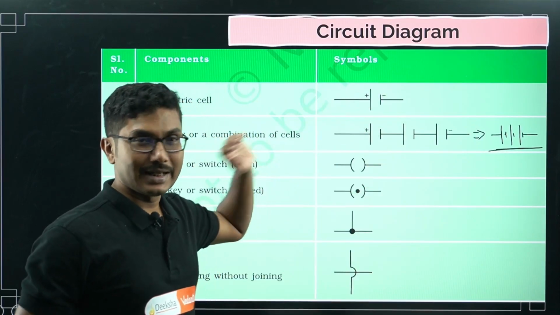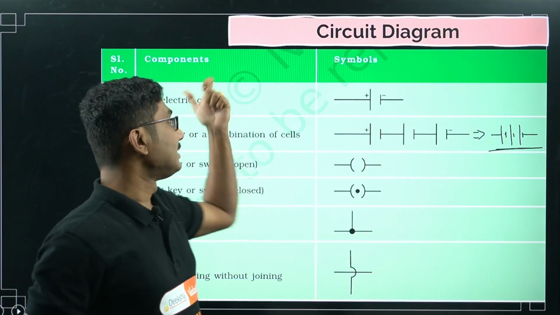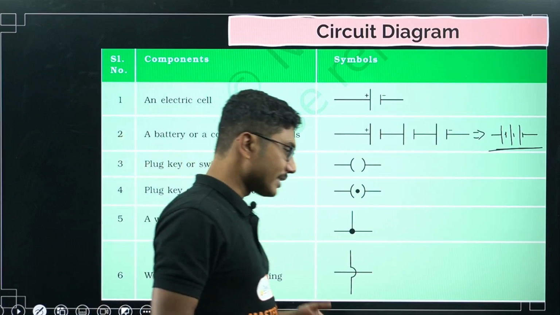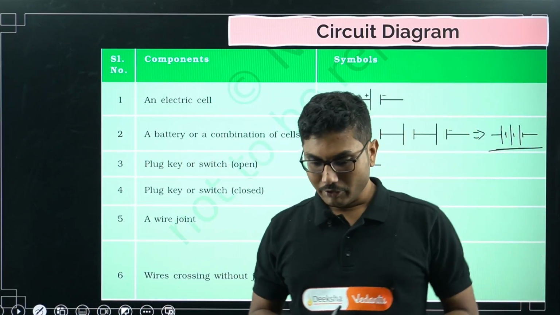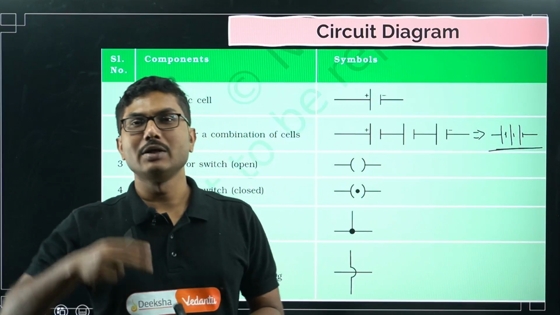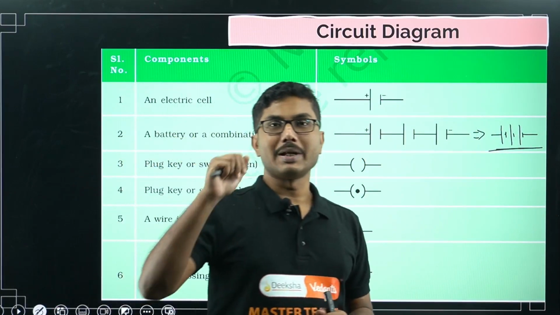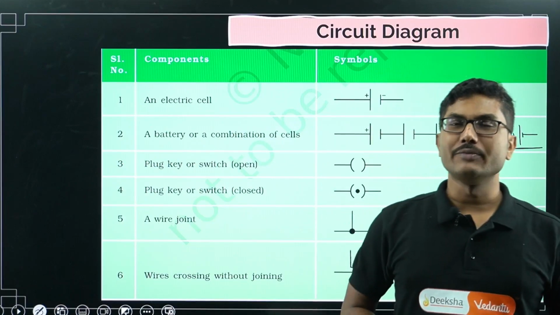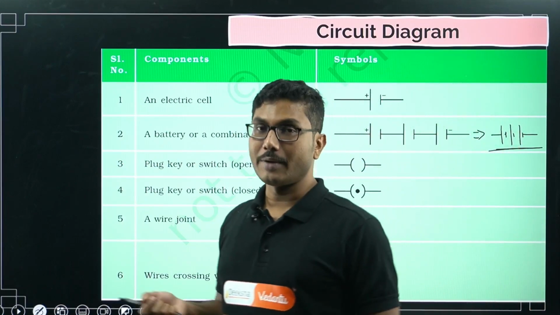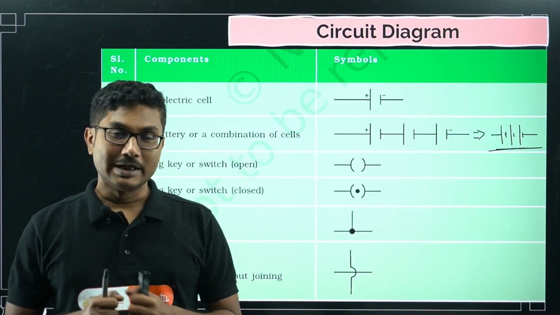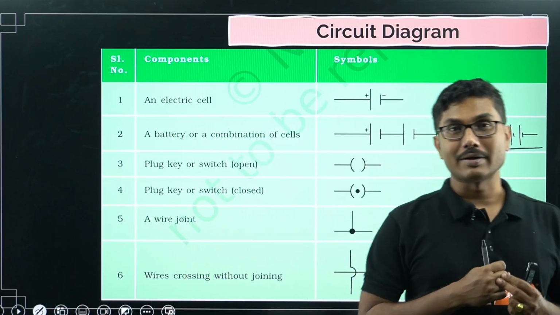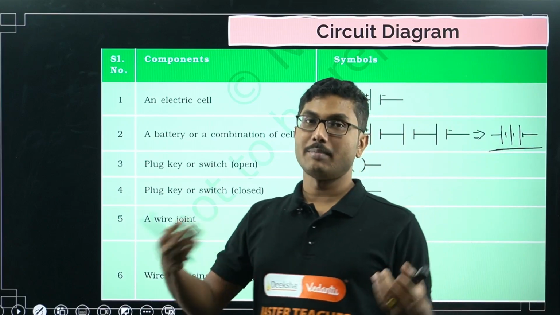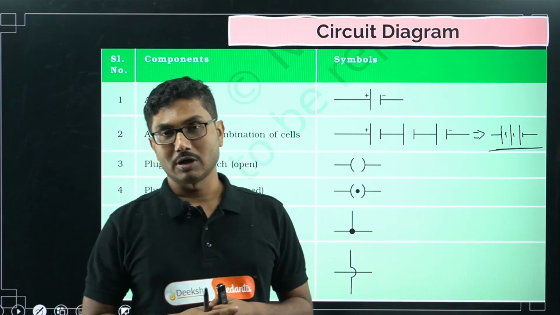So basically here multiple cells are connected in series. For example, if you are using a TV remote, your TV remote might require two AAA cells. Or if you are a kid playing with a remote control car, your car may require 4 or 5 or 6 batteries depending upon the quality of the remote control car, right?